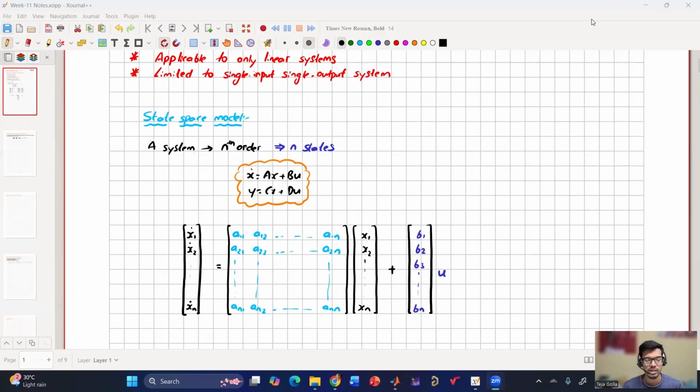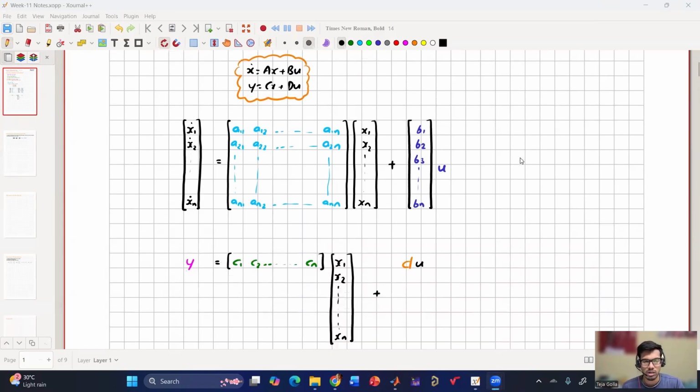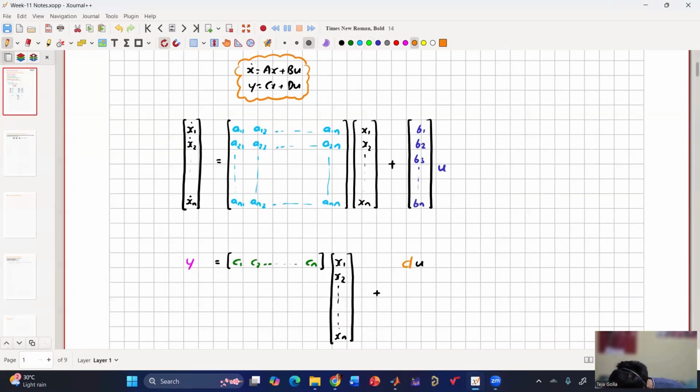And here are my matrices, and the order of these matrices. Let me use a different color. So this will be my A matrix, which is n cross n. And this is my B matrix, which is n cross 1.